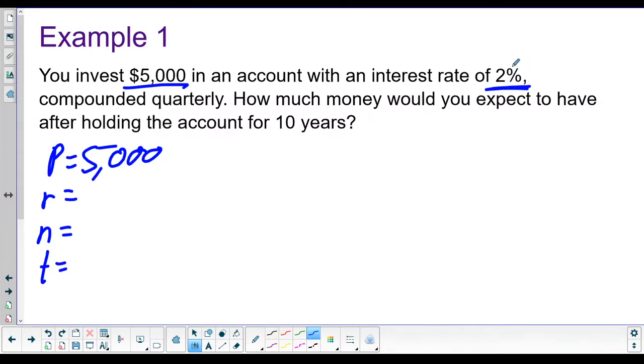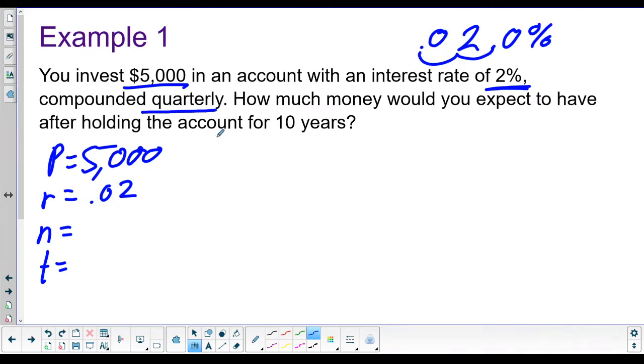We need to turn this into a decimal. So 2%, to turn things from percents to decimals, you just move the decimal 2 places to the left. So this is going to be 0.02. And it is compounded quarterly. So that means there are 4 quarters in a year, so n is 4.